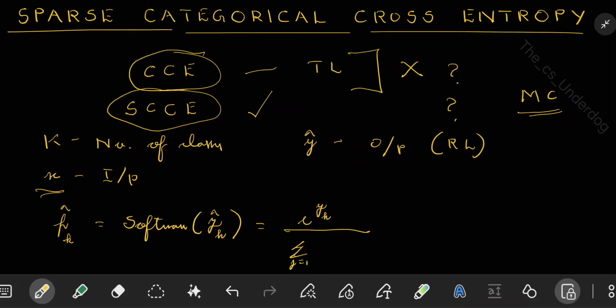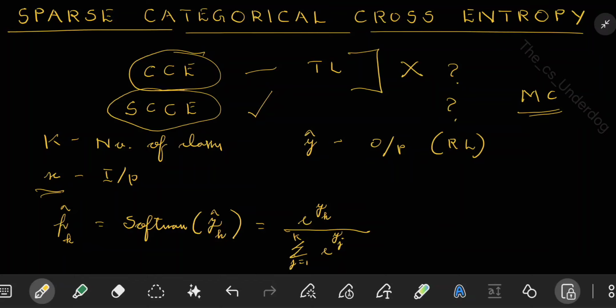Let us say j equal to 1 to k, e power yj. Here you are taking j, that is why I took j. So it is e power yk divided by sigma j equal to 1 to k e power yj. This is your softmax function.